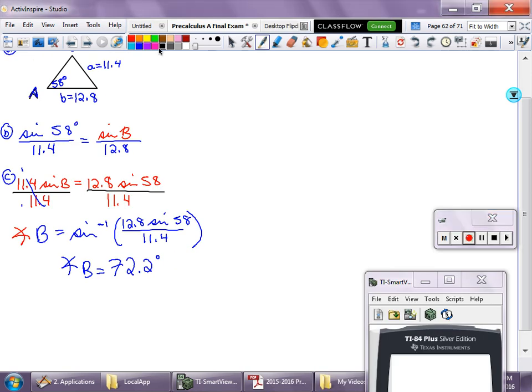Right away, we're dealing with two acute angles, 58 and 72.2. We want to test for two triangles. In order to do that, we're looking at this original, where angle B is somehow separated.